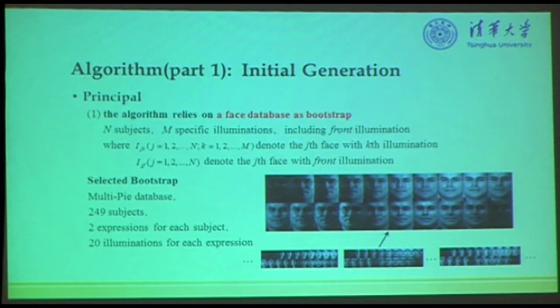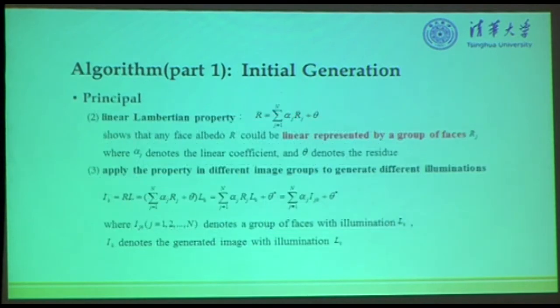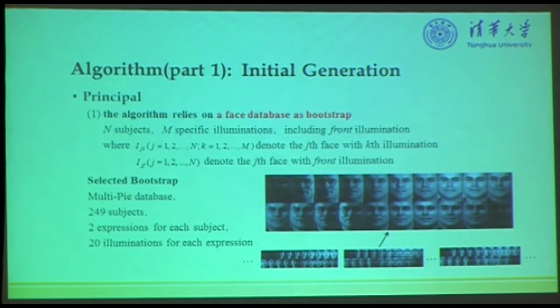It contains 249 subjects, 2 expressions for each subject, and 20 illuminations for each expression, just like the picture shows. So there are 20 illumination groups in our bootstrap, and we can generate 20 images with one input.